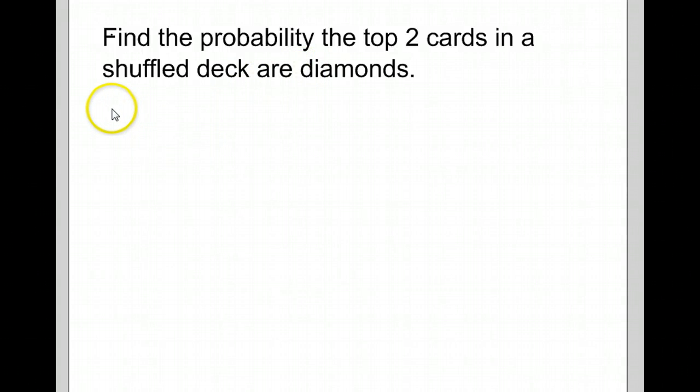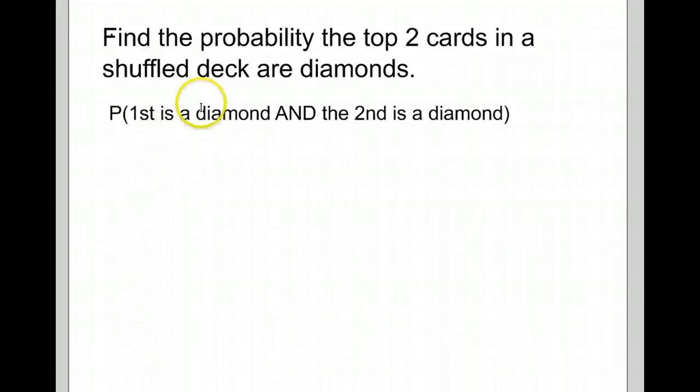So this is saying find the probability of the first being a diamond and the second being a diamond. So even though it doesn't necessarily say and in the original wording, we can figure out a way to say and. Now we can use that rule.